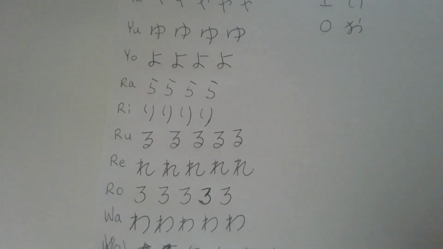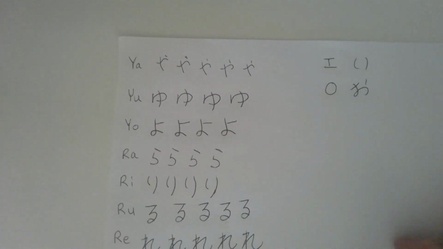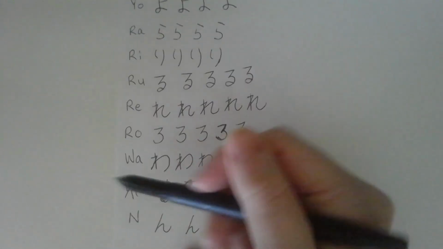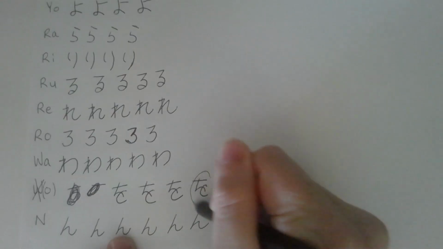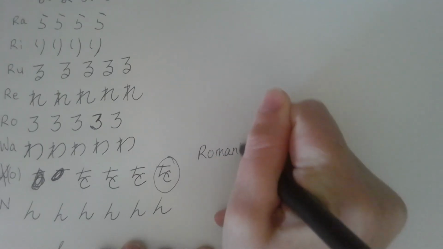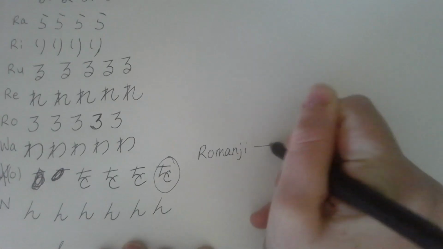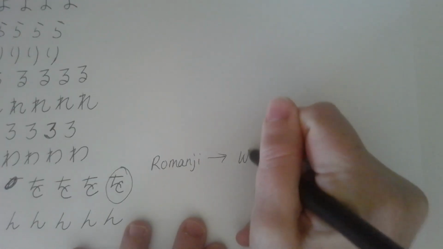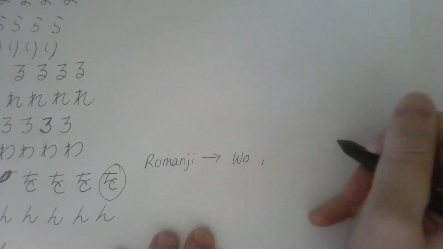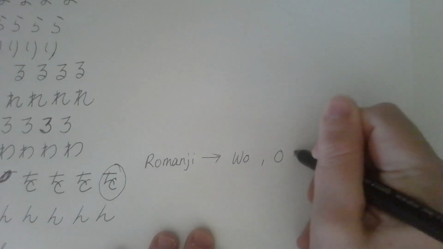Okay, so that was a lot. So let me just tell you the purpose of this one, right? So in Romaji, or is it Romanji? I'm not sure. It's written as wo, just so it's distinguished from the O character.